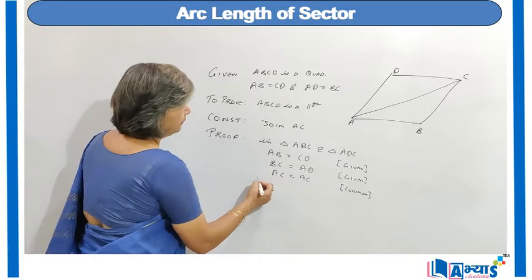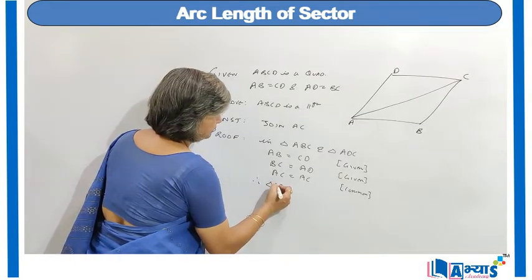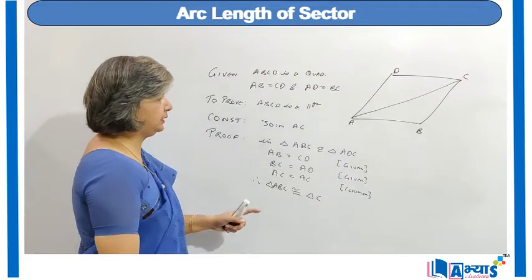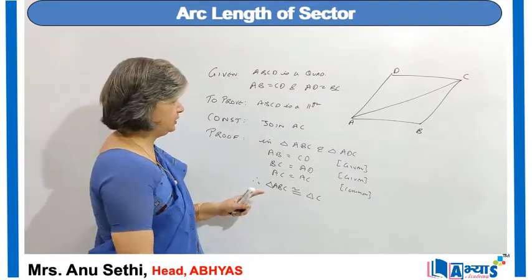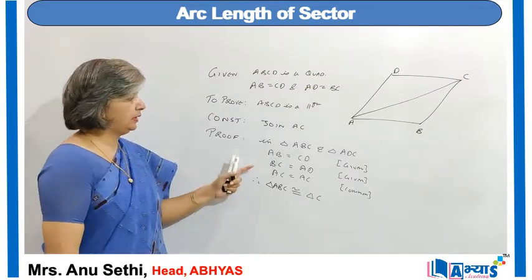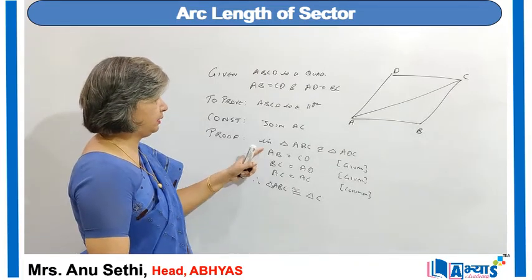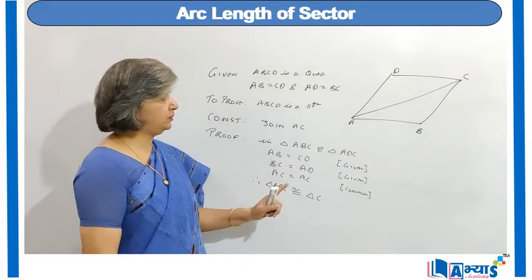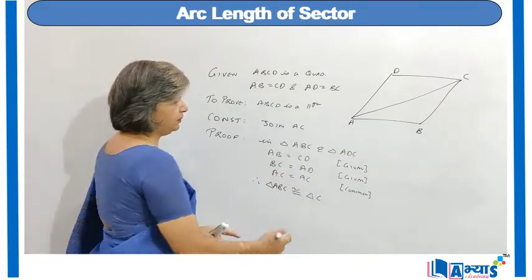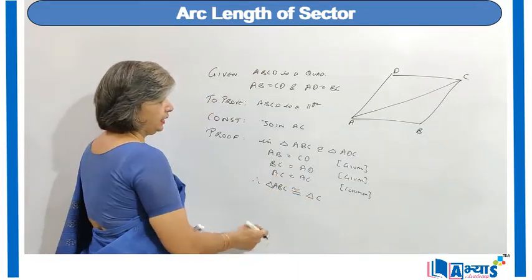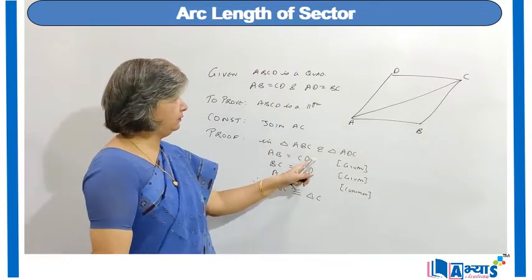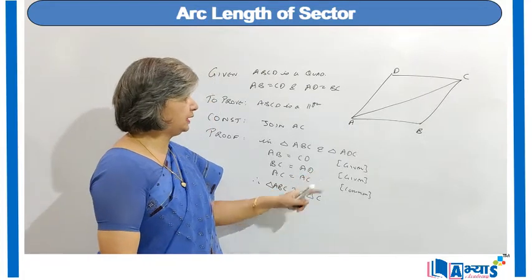Therefore triangle ABC is congruent to triangle CDA. For writing the name of the triangle, we will see the three statements. As in the first and the third statement we have A common, and on the right hand side in the first and the third statement we have C common, so A will be replaced with C. Again B, in the first and the second we have B common, and in the first and the second we have D common.